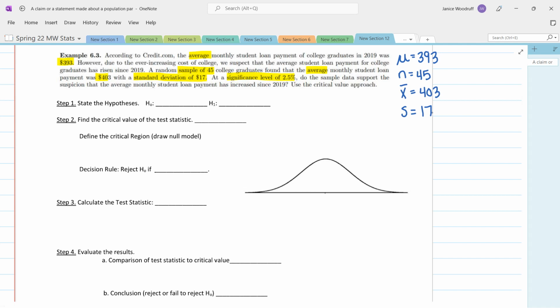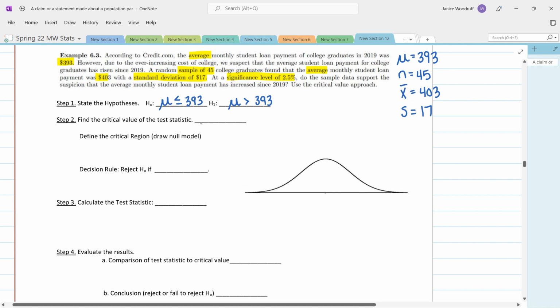Okay, so the question is, do the sample data support the suspicion that the average monthly student loan payment has increased since 2019? So increased would be pointing which way? To the right. Very good. So the alternative hypothesis is that the mean is greater than that $393 claim, which means that the null hypothesis is that the mean is less than or equal to 393, because they have to be opposites.